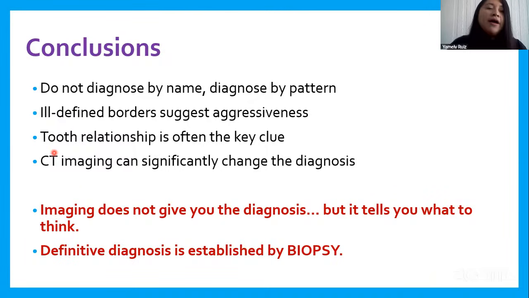Sometimes we need the complete CT imaging, and these findings can significantly change the diagnosis. So remember, imaging doesn't give you the diagnosis, but it tells us what we can think. The definitive diagnosis is only established by biopsy.